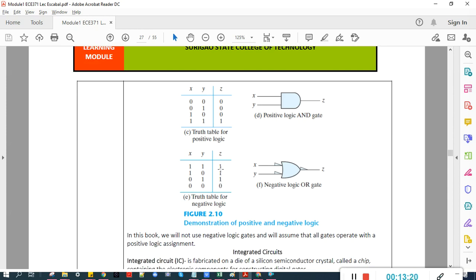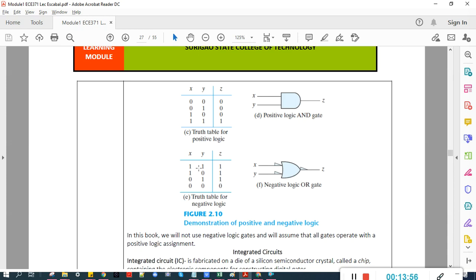With negative logic, the equivalent is, it is high, but high is 0 in the negative logic, so we change all the zeros to ones and all the ones to zeros from the positive logic AND gate to get the equivalent negative logic.